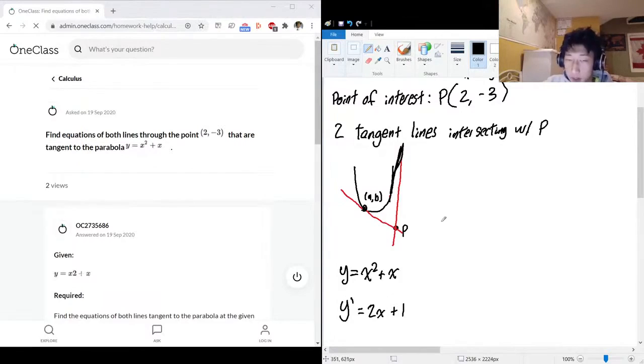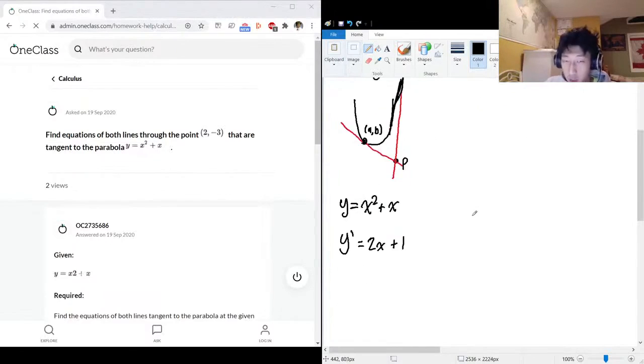Okay, so let's find the slope between any point on the parabola and point P. We know that (a, b) translates to x for the x coordinate, and the y coordinate is x squared plus x. That's the formula for calculating our y coordinate given our x coordinate.